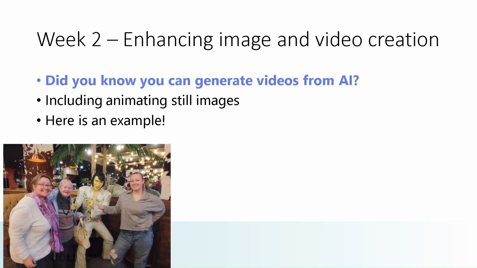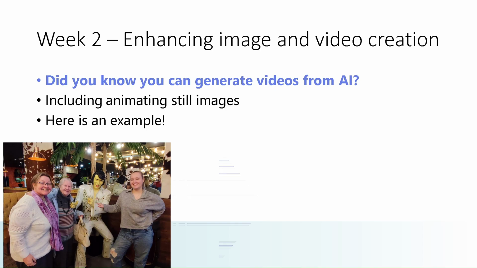So here we have a simple image. Interesting points to note that the actual character here is not human. So will the AI recognize that as the case and not animate that? It'd be a bit freaky if Elvis there in the corner starts to start singing away. And also notice there's a mirror.